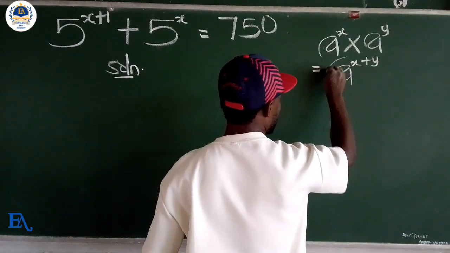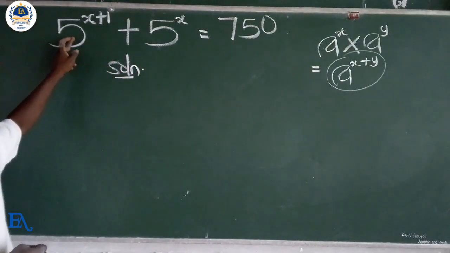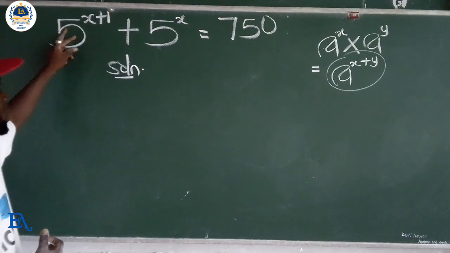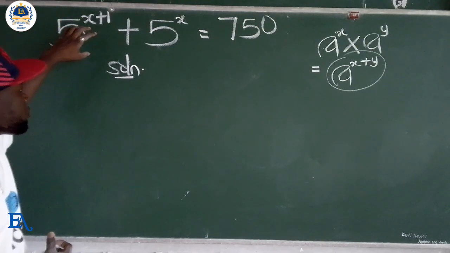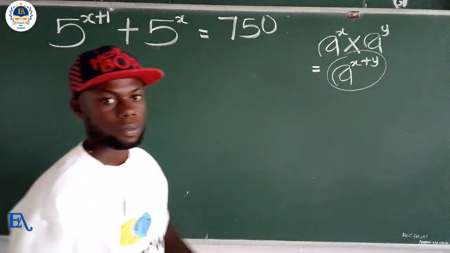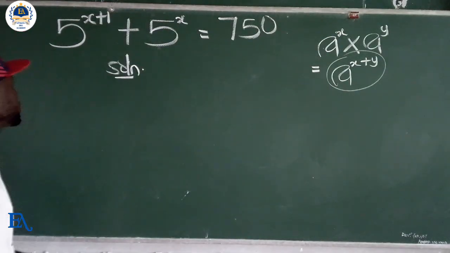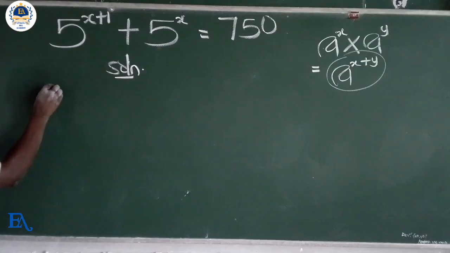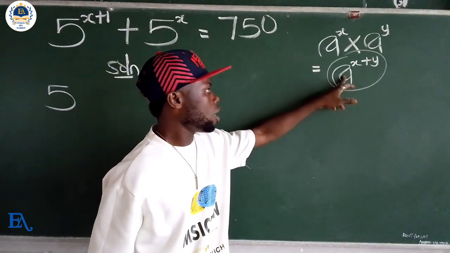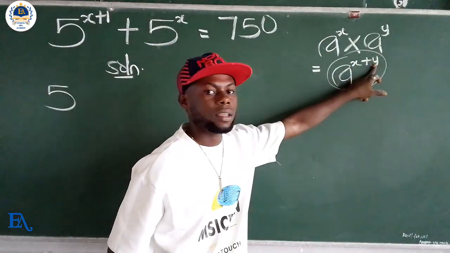So this expression is basically the same form with which this expression is also written. That means we can simply change this form of this expression into this form of this expression. So how do we do that? It becomes 5 raised to the power of the first term, a raised to the power of x times a raised to the power of y.